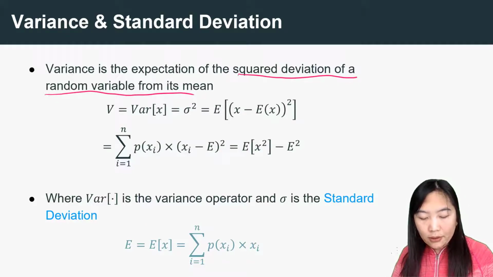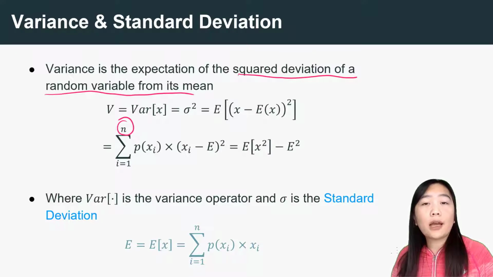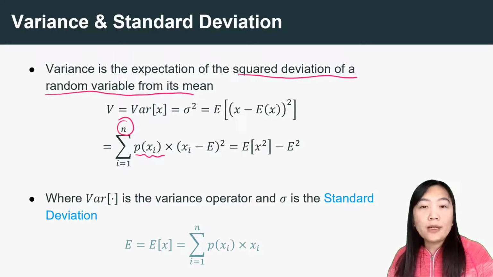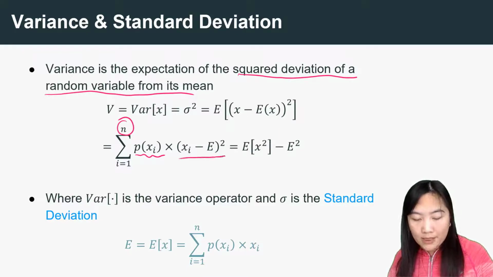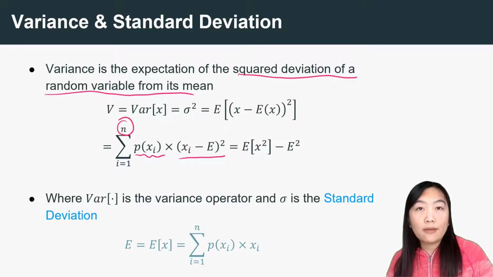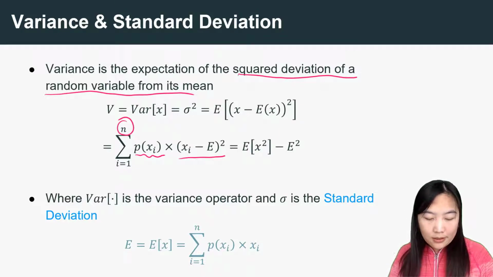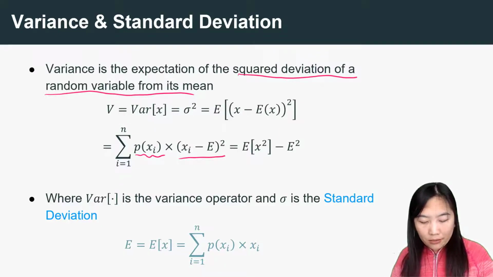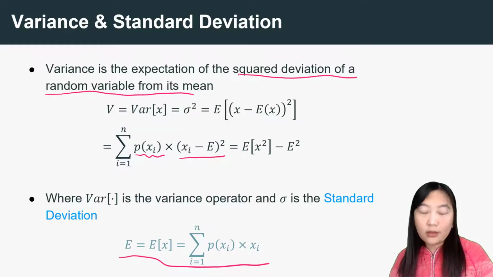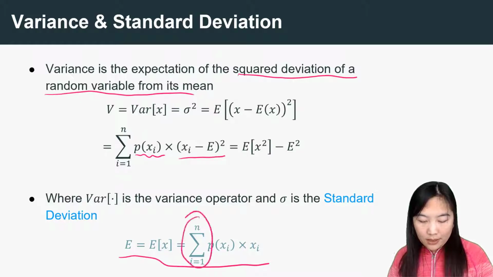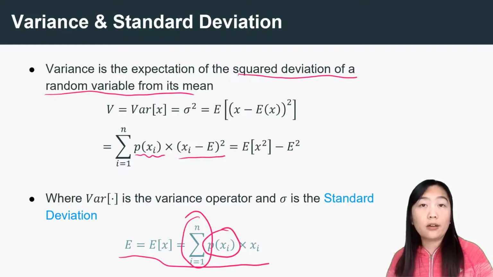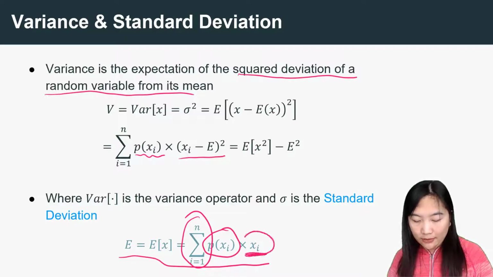Suppose you have n different outcomes, then the variance can be calculated as the probability of xi times this squared deviation. If you compare it with the definition of the expectation, it is also the summation of the probability of xi happening, and what's different is what goes here.